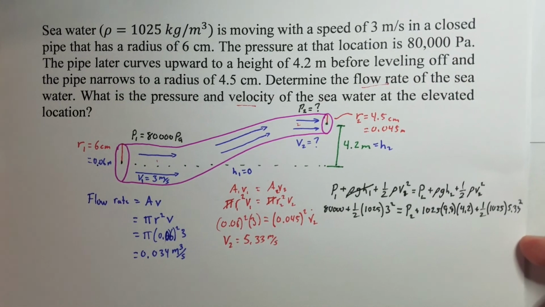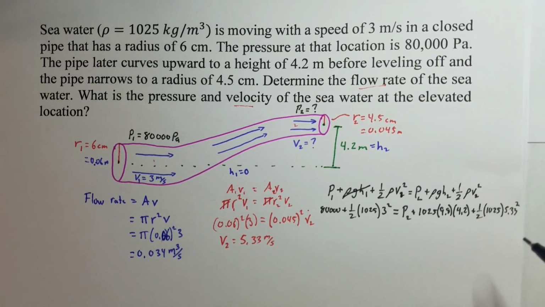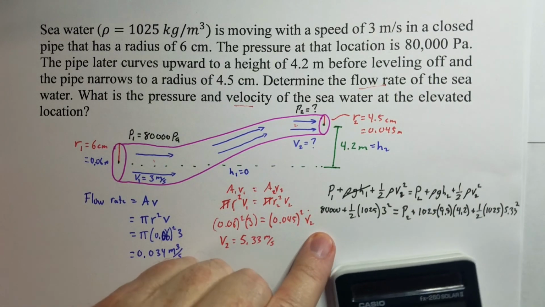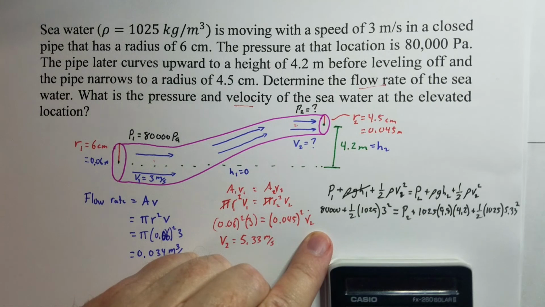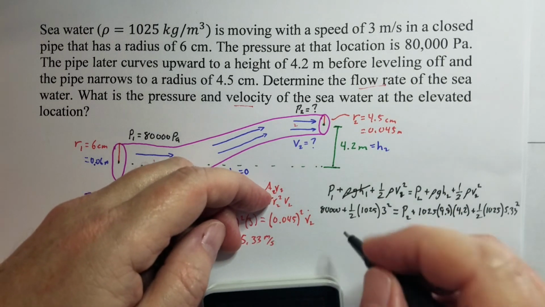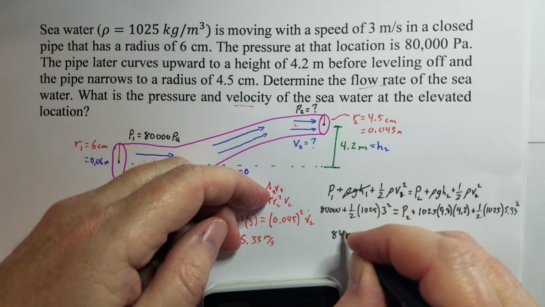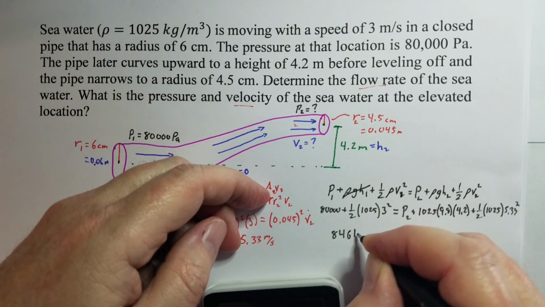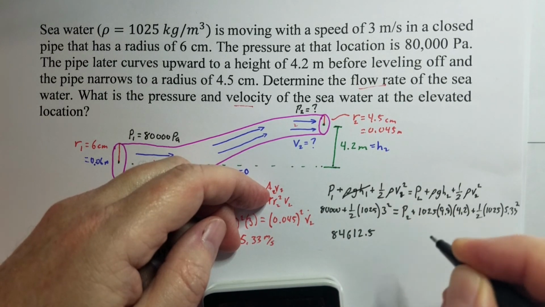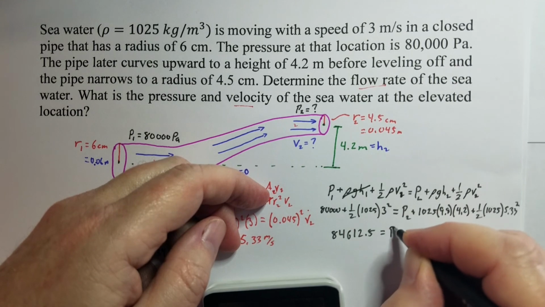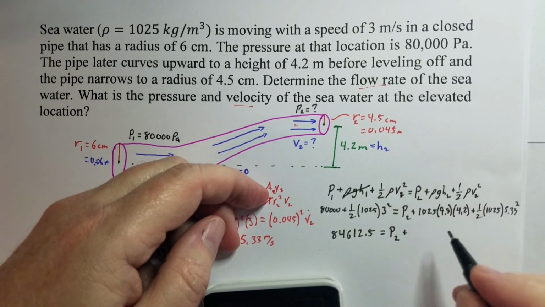Let me slide this over a little bit. There we go. All right, now it's plug and chug time. Get out your trusty calculator and start typing things in. So we got 80,000 plus 0.5 times 1,025 times 3 squared, which is 9, equals, on this side, 84612.5 equals our pressure plus whatever this turns out to be.